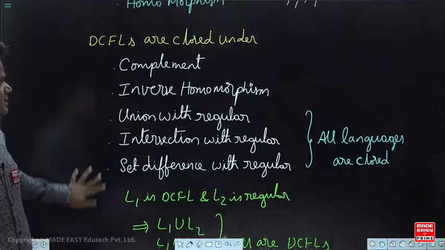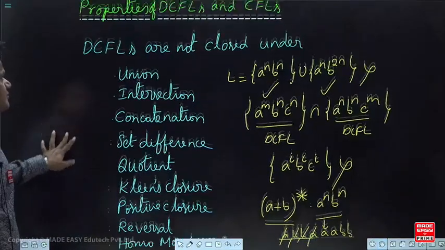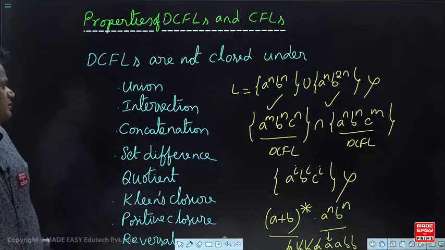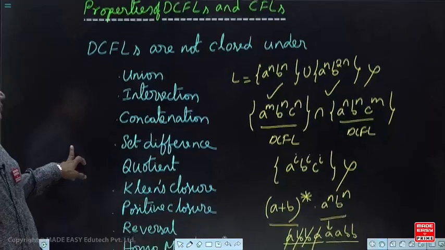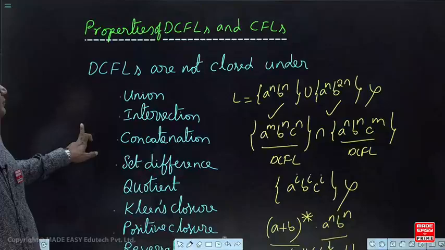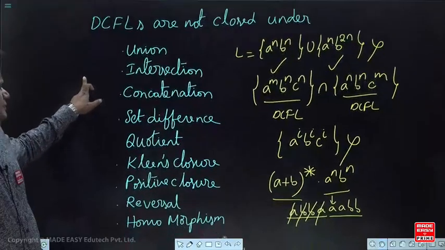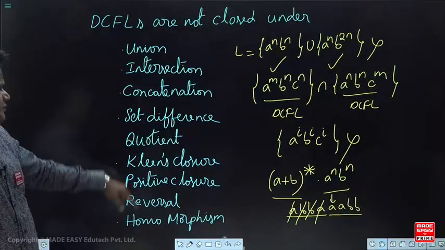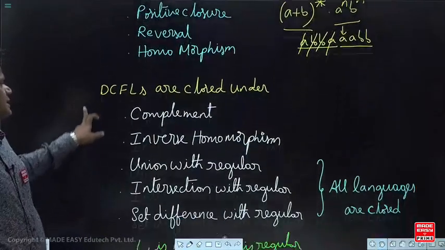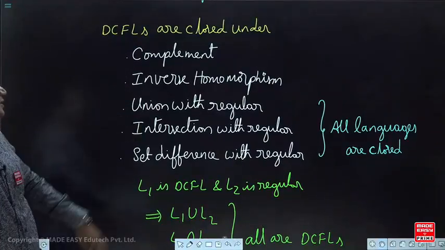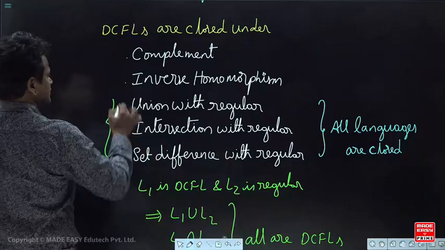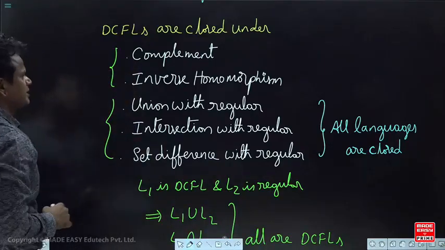So take this one. I think you have not attended yesterday's class, na? So this is one, this is complete. Heading is this one, properties of DCFL. DCFLs are not closed under this one, one slide. Then DCFLs are closed under these 5 operations, means actually all are closed here. So only you have to remember complement and inverse homomorphism.